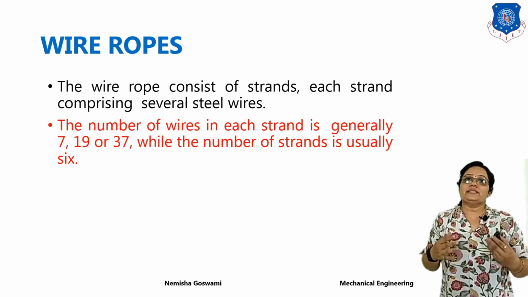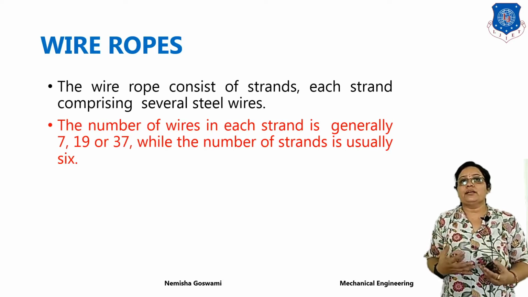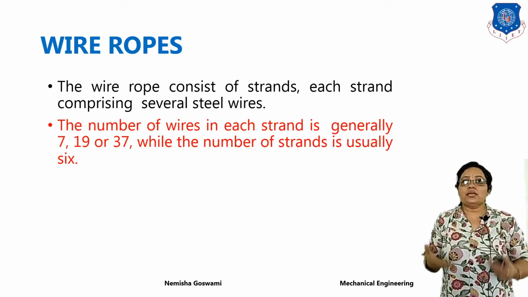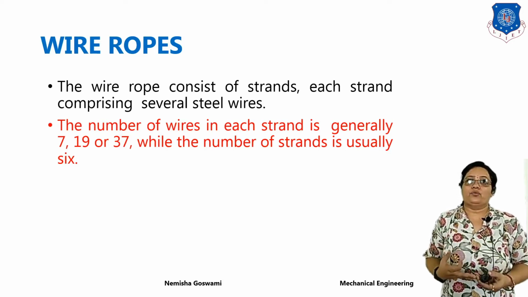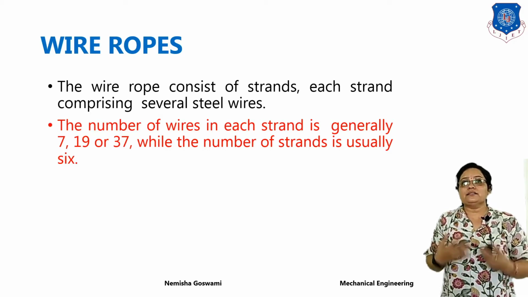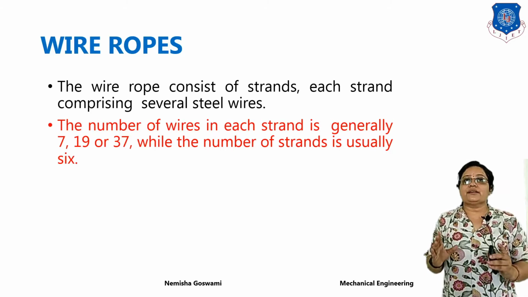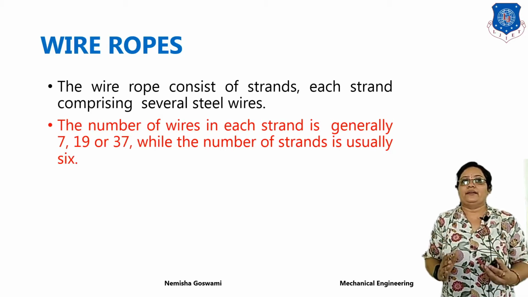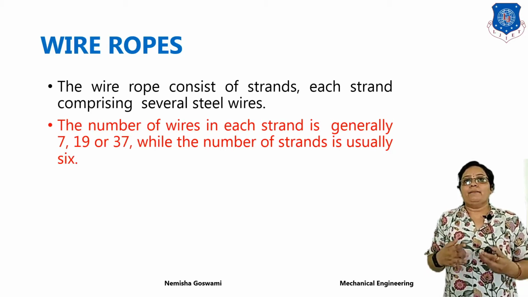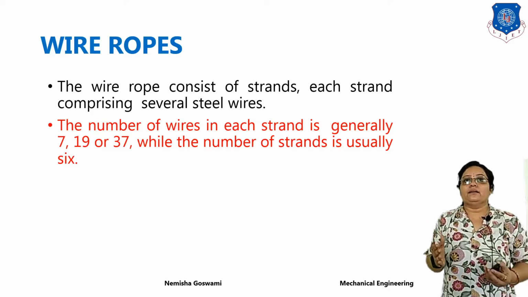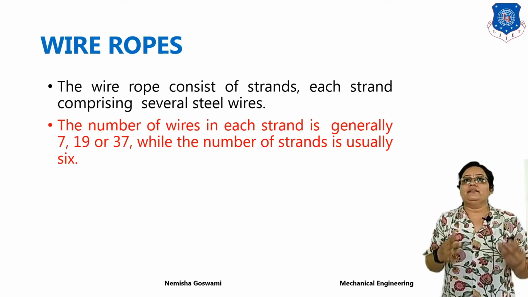Wire ropes basically consist of, what are the components by which we can make a wire rope? Wire ropes consist of different strands, and each strand consists of a number of wires. For example, the number of wires in one strand may vary: 7, 19, 37.